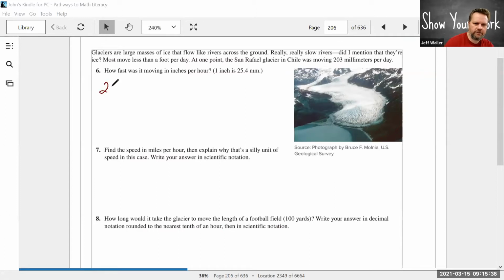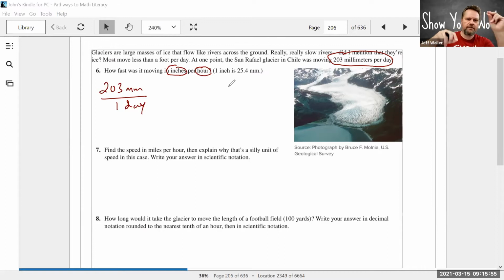So it gives me 203 millimeters per day. That's where I start. That's what I know. Now, where am I going to go? I want to go to inches per hour. So some people changed millimeters to inches and stopped. But that means what?